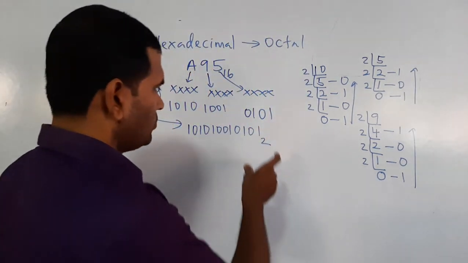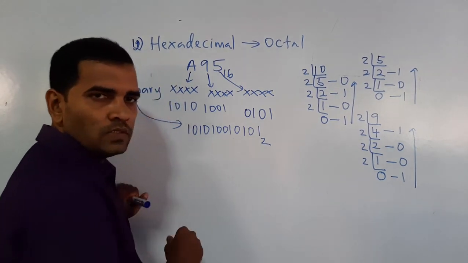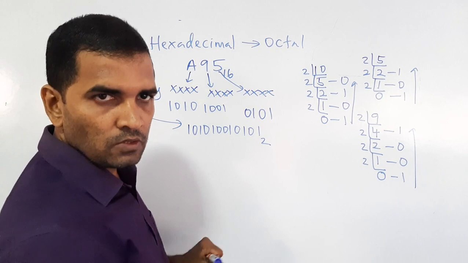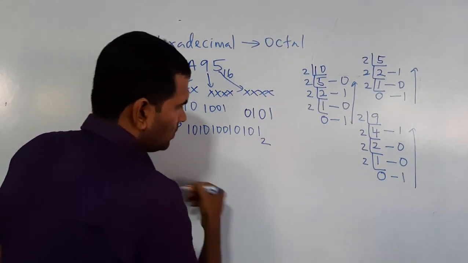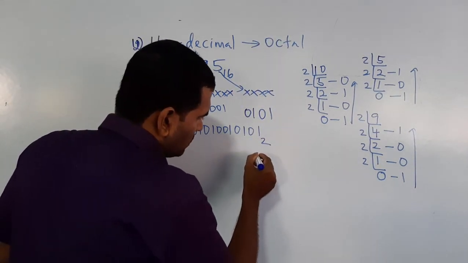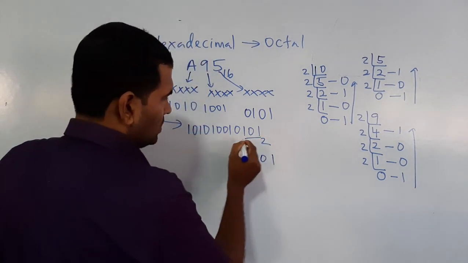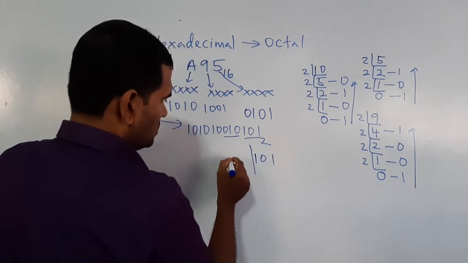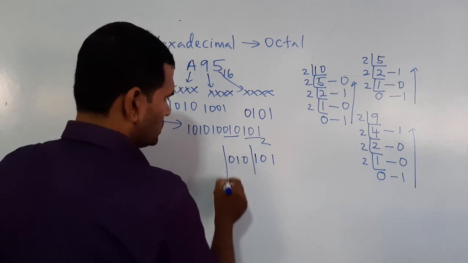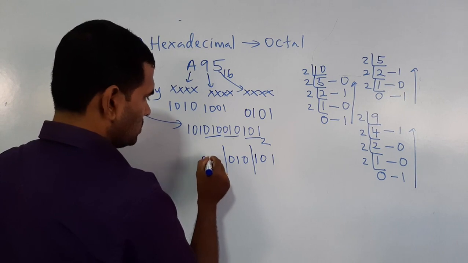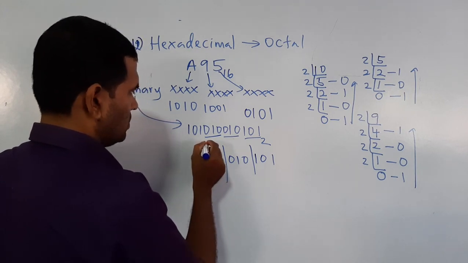So we have to form groups from the right side. Every group must have 3 bits because it is octal. So from the right side we can form the groups: 1, 0, 1 is the first group, right? Then 0, 1, 0 is another group. Again 0, 1, 0, another group.